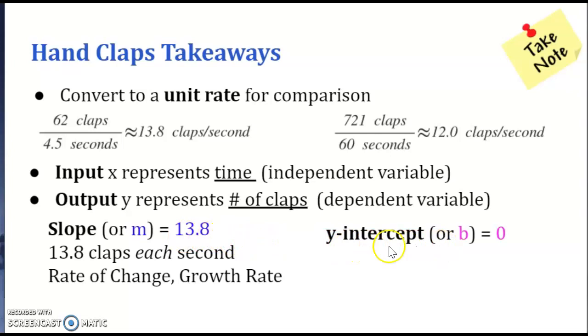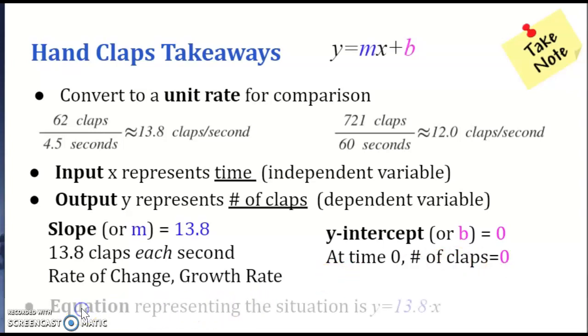Now Y-intercept, or B value, was 0, because at the time 0, number of claps were 0. You're starting off with 0 claps in the beginning, and then you are building them up.